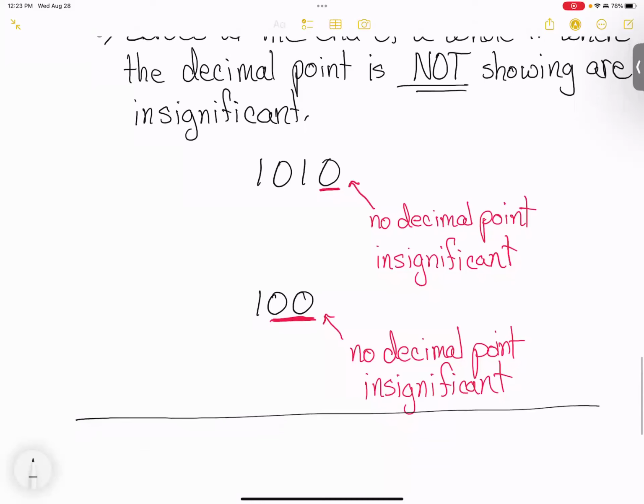Yes. So for 100, would there just be one significant digit? That is correct. There is only one significant digit in this number. In this top number, there are 3 significant digits.